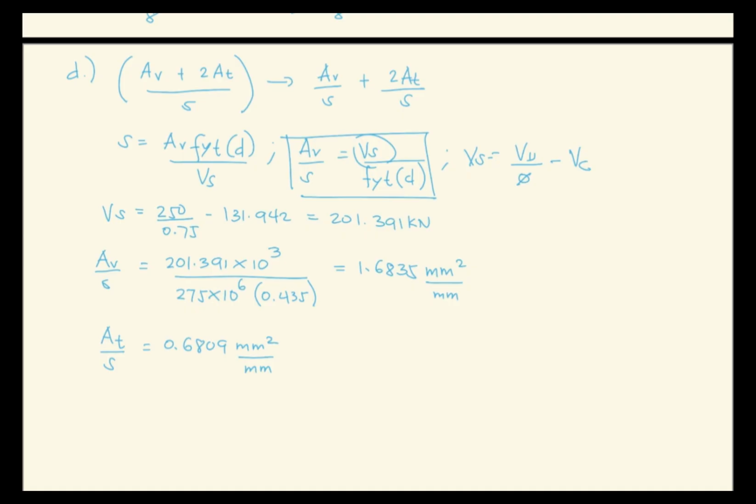Hence, the value of the expression Av plus 2At over s is equal to 1.6835 plus twice of 0.6809.